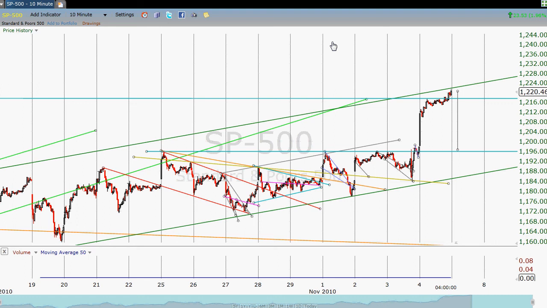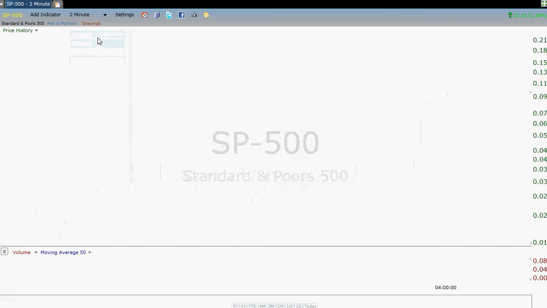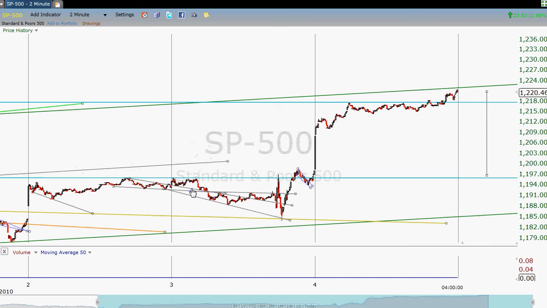Now what's going to happen next? Well, there could be a pullback, but I'm not so sure. And I'll tell you why I'm not so sure. If you look at how well this held throughout the entire day, this essentially created a bull flag. It's right after this straight line run up.